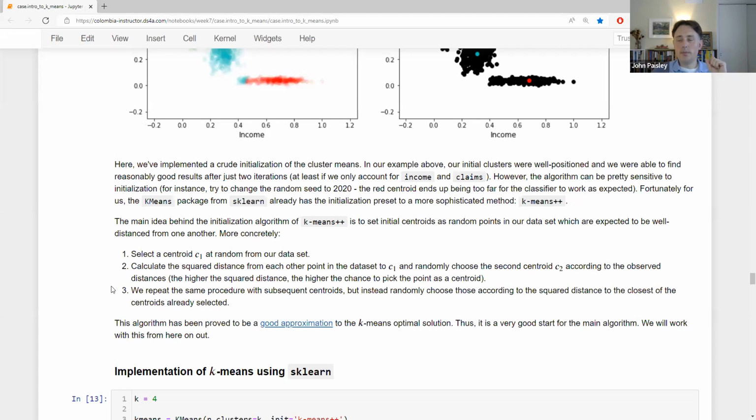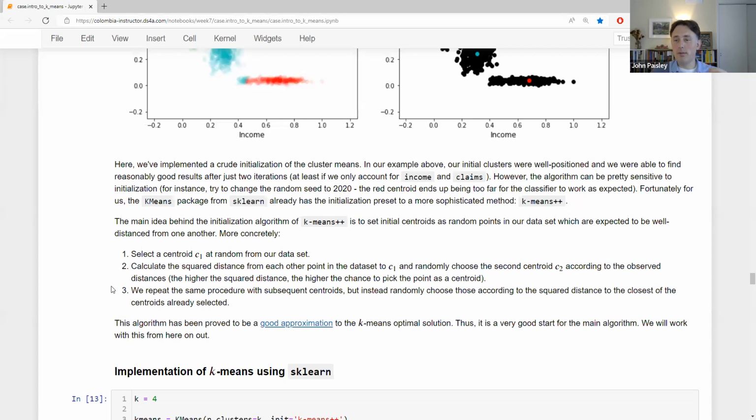And then it does the same thing for the third centroid. The paper doesn't say exactly precisely what it does, but I think it calculates the distance between each data point and the closest of the previous two centroids, and then constructs a distribution on the data, and then picks a data point, the third centroid, based off of that distribution.